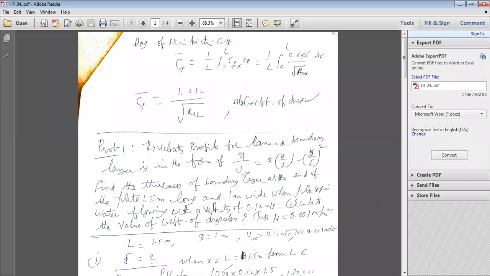Rex, that is Reynolds number at any given value of X, rho into U free stream velocity of the fluid into X divided by dynamic viscosity.